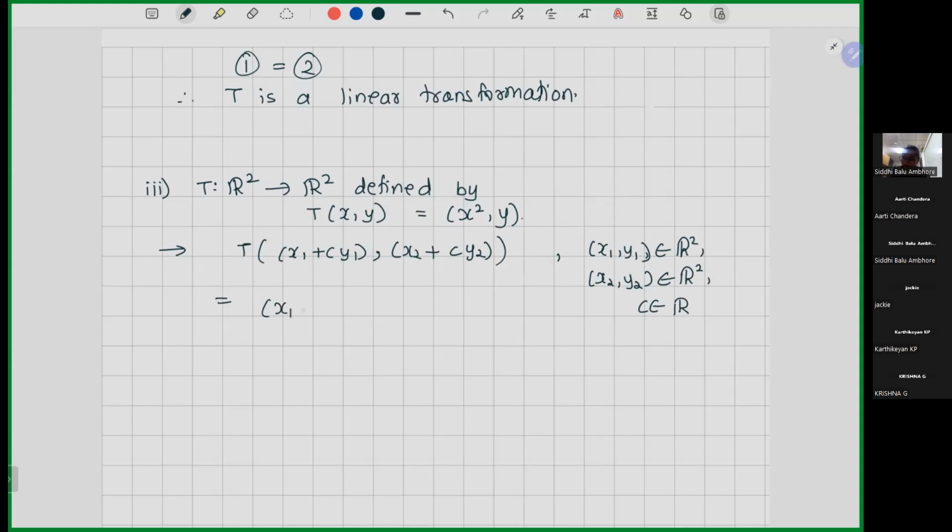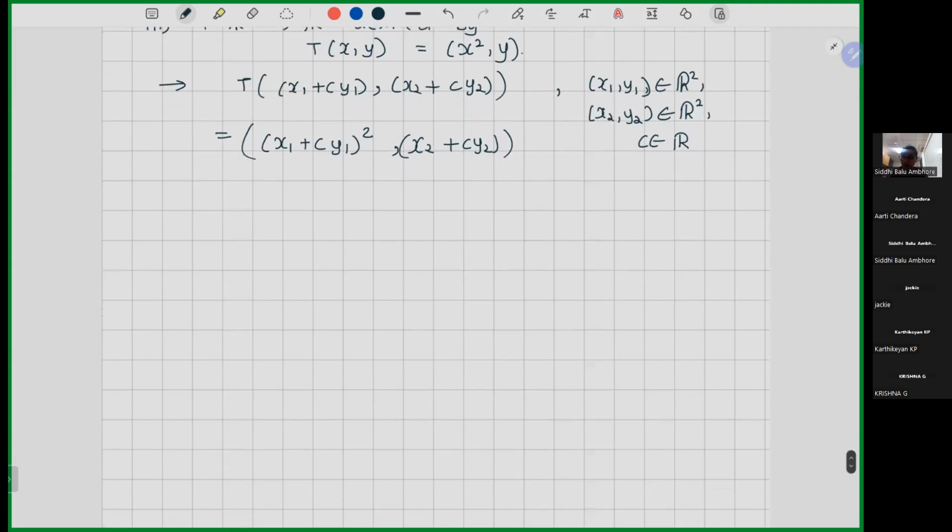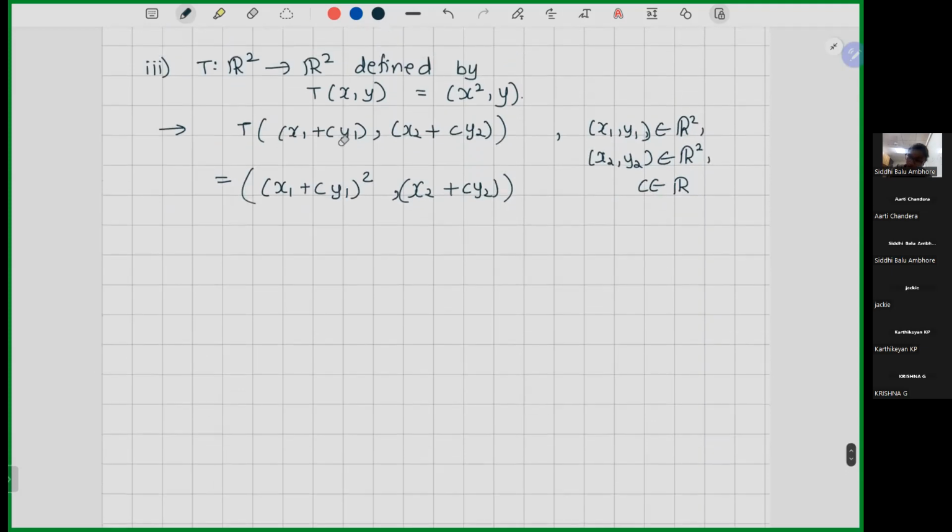This will be (x1 + c y1)² comma x2 + c y2. Okay, or x2 y1, x c x2, y1.